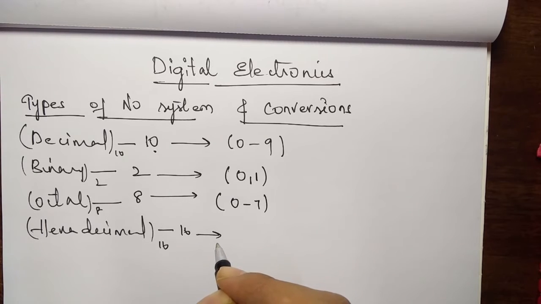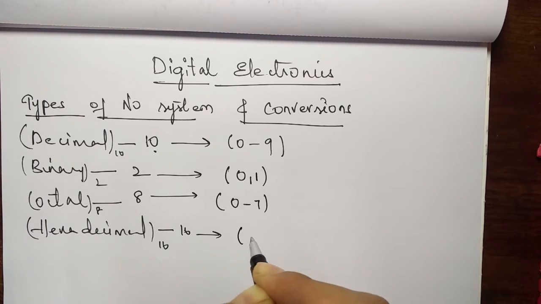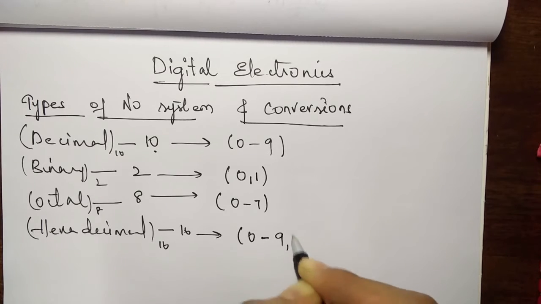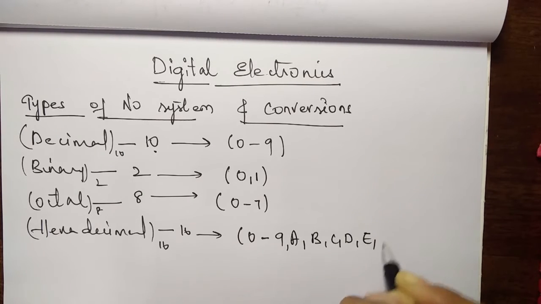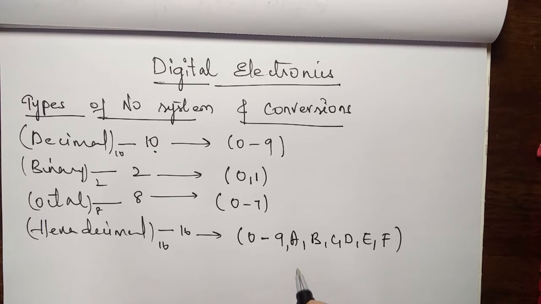Hexadecimal will take total 16 values, 0 to 15, but you can't write 15 directly, so write 0 to 9 and then A, B, C, D, E, F. The value of A is 10, and it goes on, the value of F is 15.